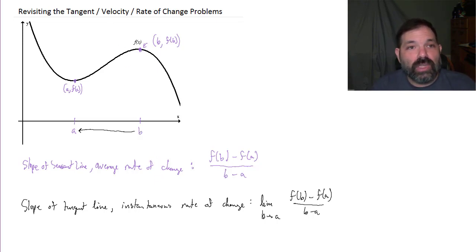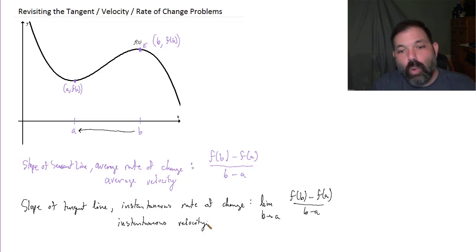And we can also use the same notation for an average velocity versus an instantaneous velocity, where instead of a general function, we start with a position function.